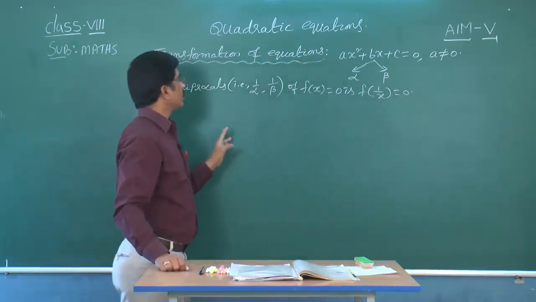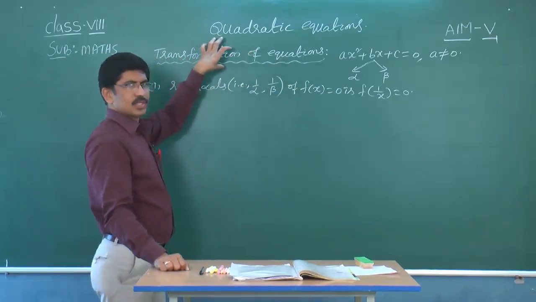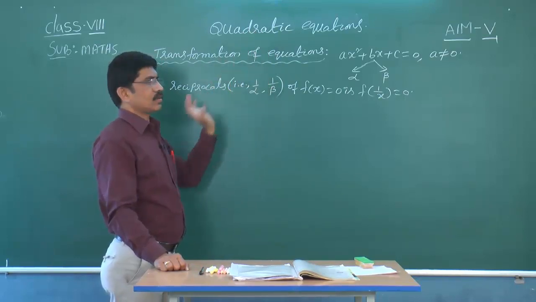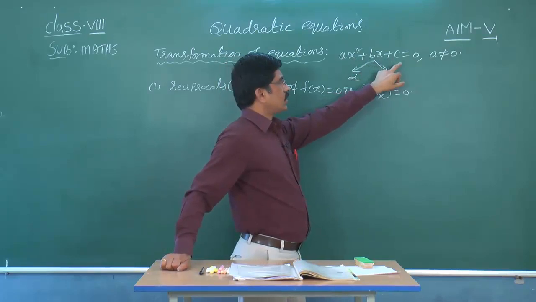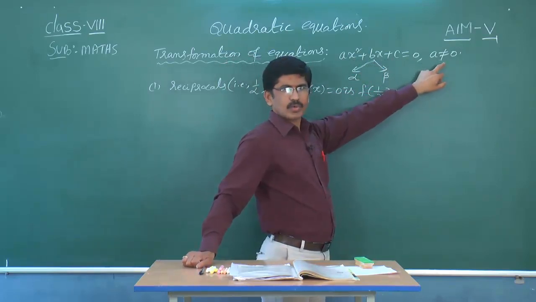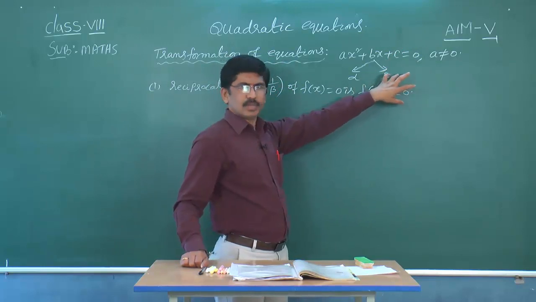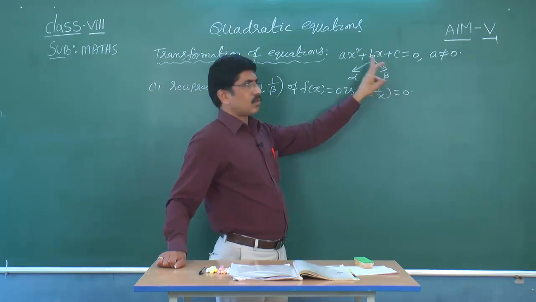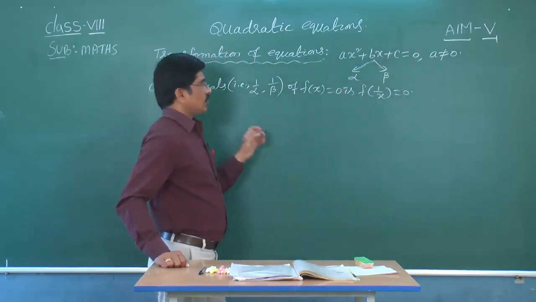Once again, transformation of equations. Transformation is nothing but changes or conversion from one to another. A quadratic equation ax square plus bx plus c is equal to 0, a is not equal to 0, has two roots, suppose alpha and beta.